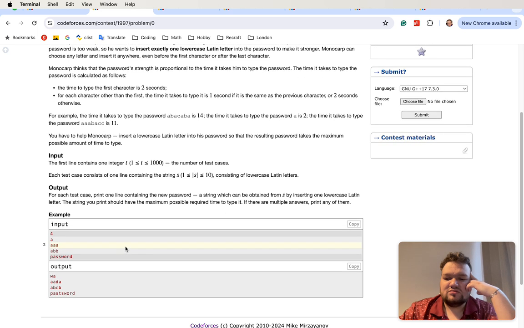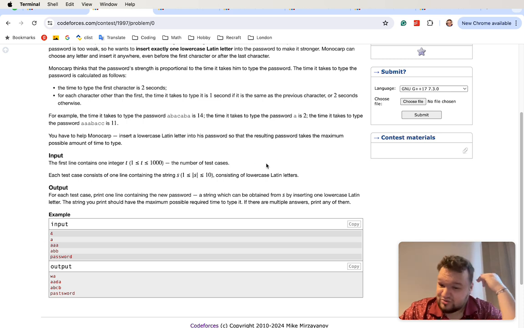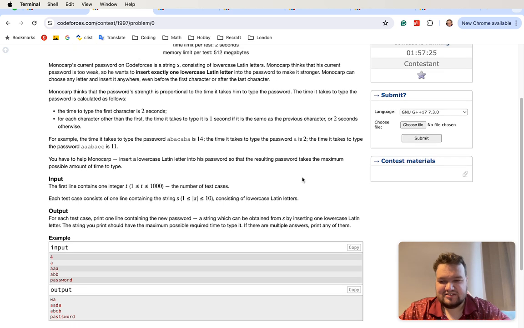So we just want to choose a place to insert which will reduce the number of consecutive pairs that are equal, which is between 2 equal letters if you can, otherwise somewhere. So that's it.